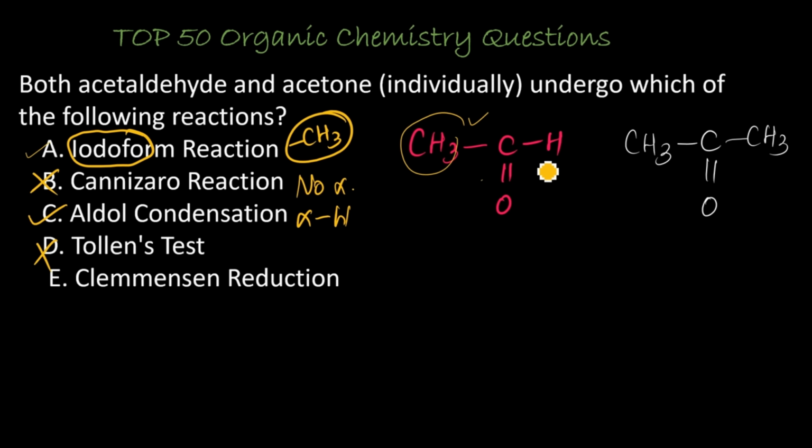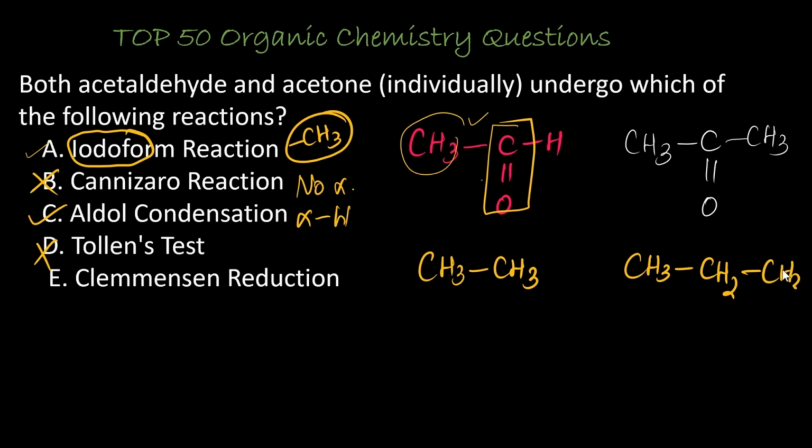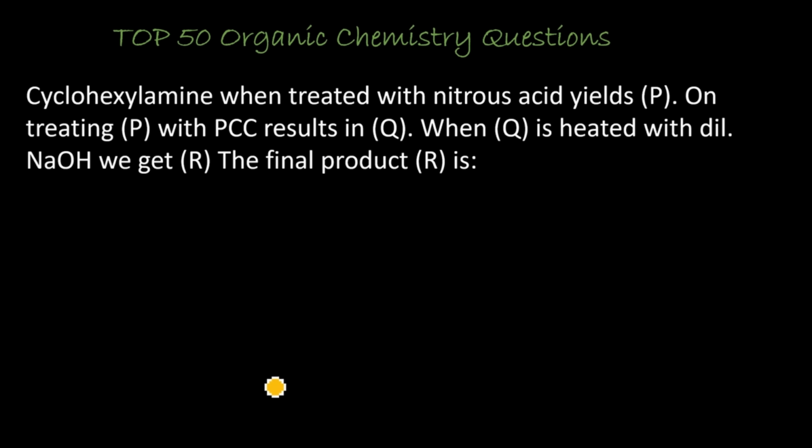Then Clemmensen reduction: this part will get converted to CH2, so CH3CH3 will be formed here, and CH3CH2CH3 will be formed over here. So what is the answer to this question? A, C and E. These are the answers.